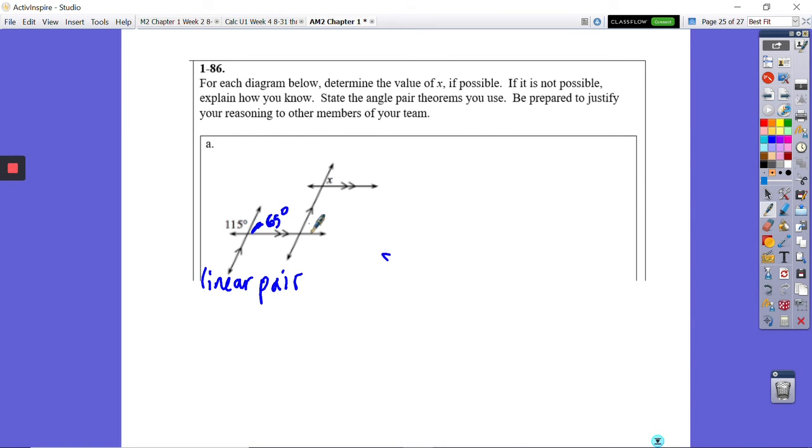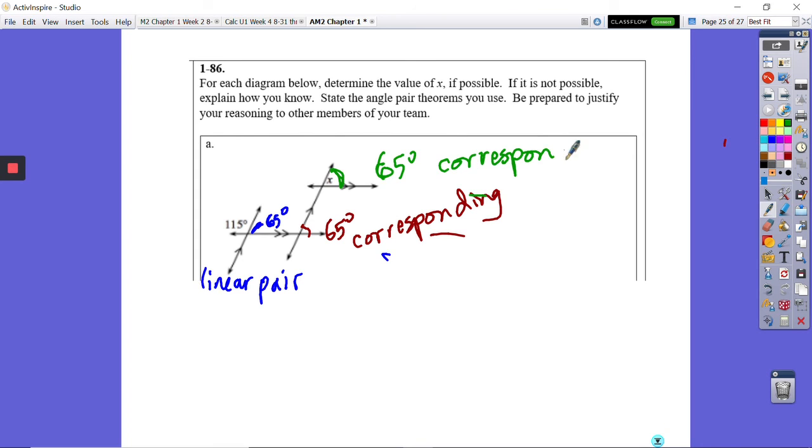Now, if that's 65, then this angle is also 65. Let me change colors. This angle is also 65 because they're corresponding. Which means that this angle is also 65 because it corresponds with the red one.